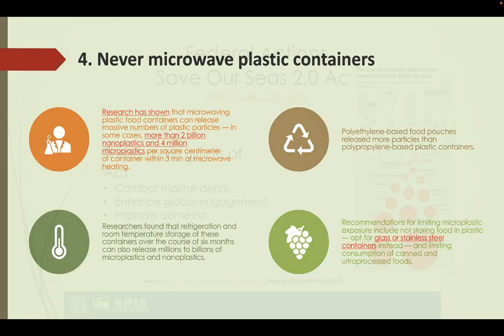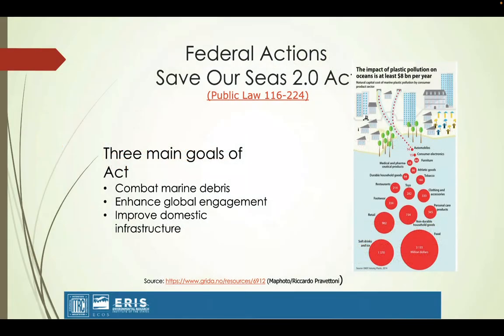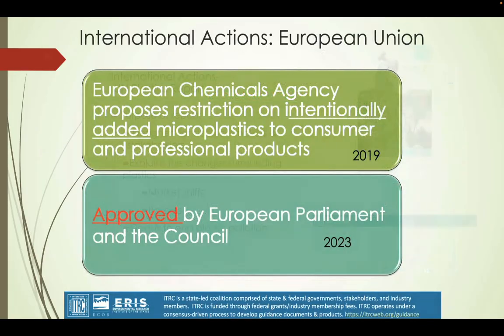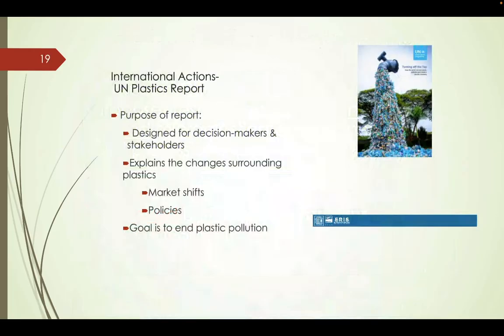So those four ways are really easy to do. There are some things that the federal government, the European Union, and the UN are doing to help us avoid microplastics.